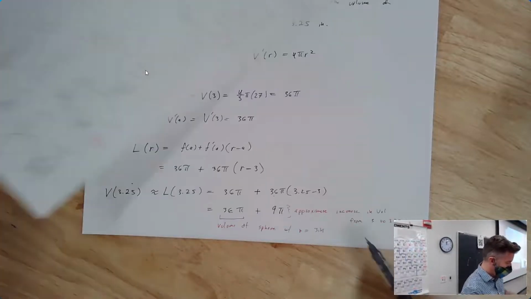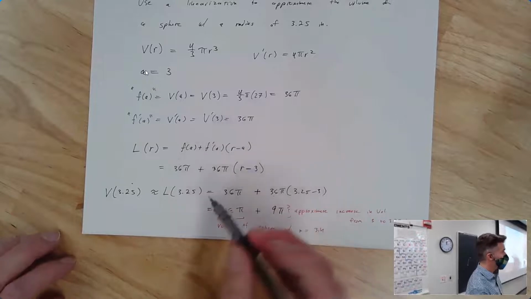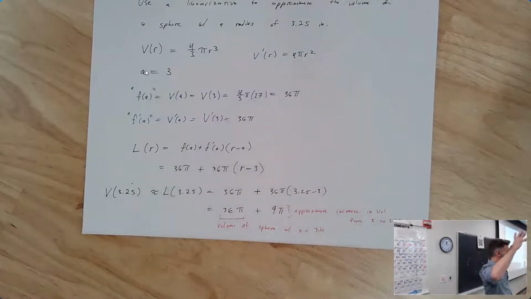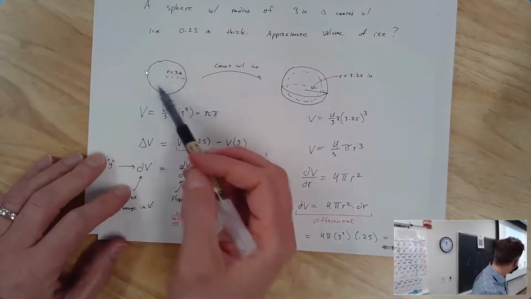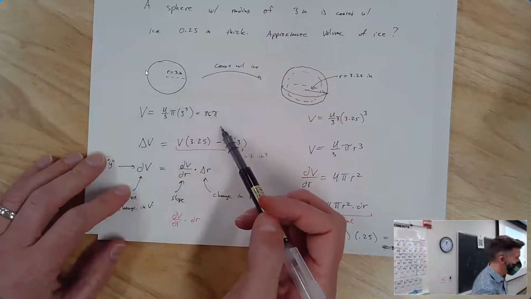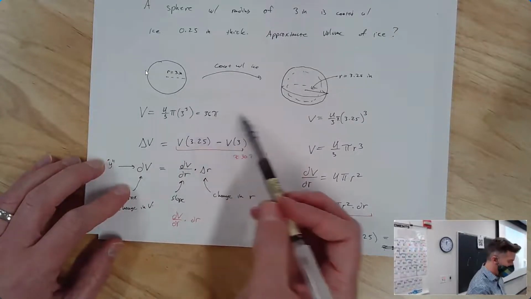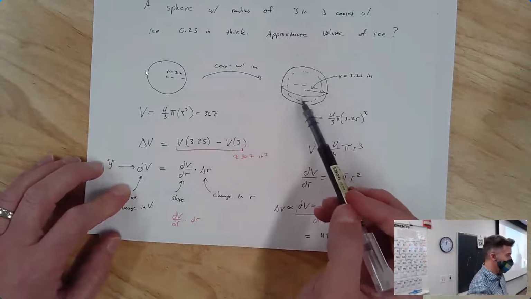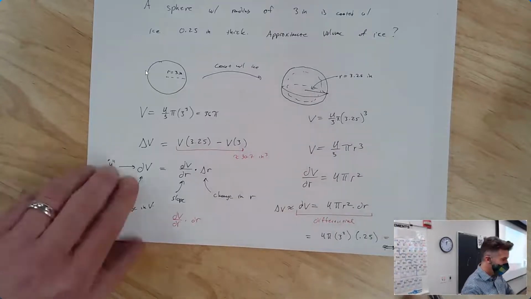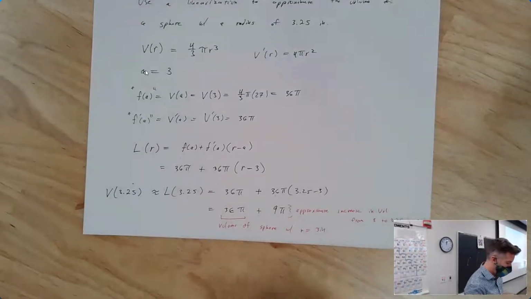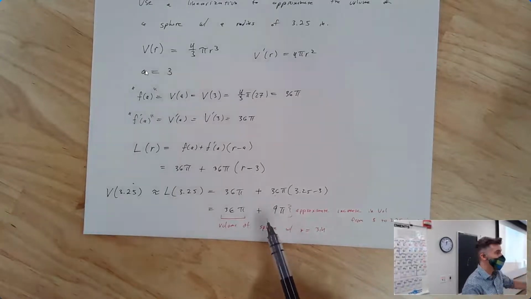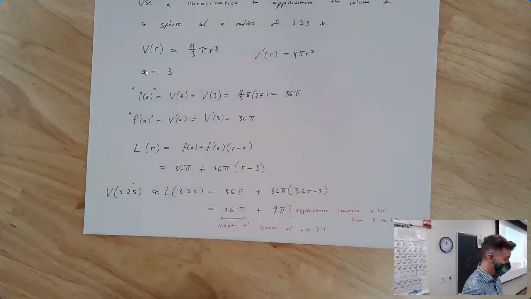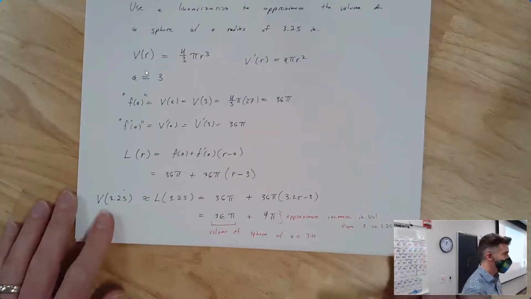And in this other one, we're being asked to approximate the total volume of the new sphere, which is the volume of the old sphere. This sphere here has a volume of 36 pi cubic inches, and we're adding on the approximate volume of the ice, which is the 9 pi here. And we're getting 36 pi plus 9 pi, which is not the exact volume, it's the approximate volume. So essentially for linearization, we're looking at the total change, right?